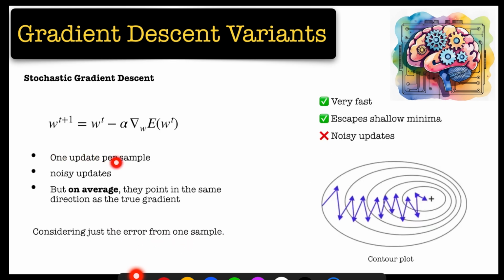So it is one update per sample. This gradient we calculated only with respect to one data point. That's why we will have noisy updates, because the gradients of all the points will not point in the same direction. But on average, they point in the same direction as the true gradient.